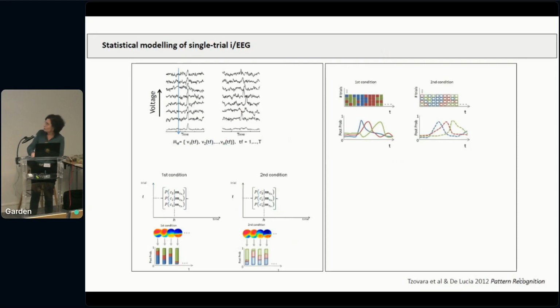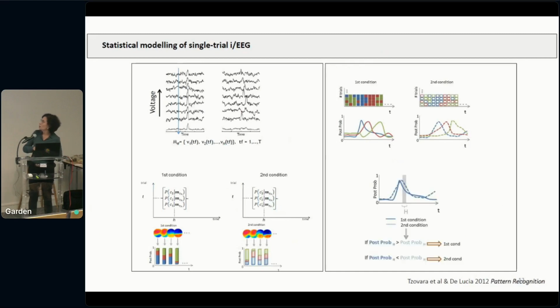And this doesn't provide only a representation, but also can be used to build discriminative functions. And this is what we use for this type of application. Essentially, we compare the posterior probabilities for each of the Gaussians, and we derive the time frames over which we have the most information for labeling single trials in response to sound type.